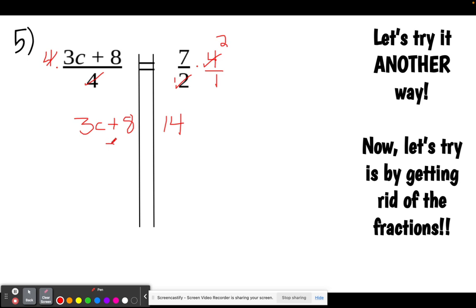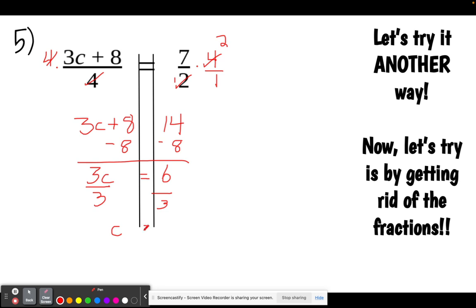Now I can subtract 8 from both sides. And I have 3c equals 6. Divide by 3. And I get c equals 2.